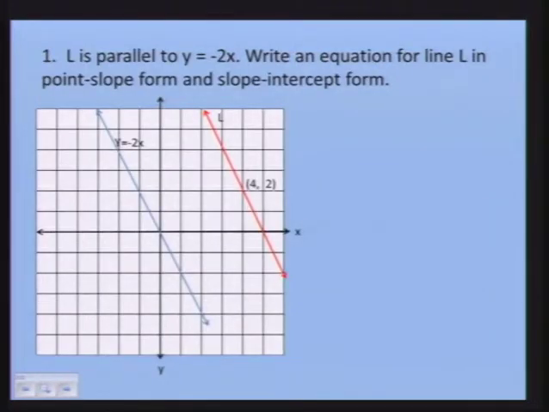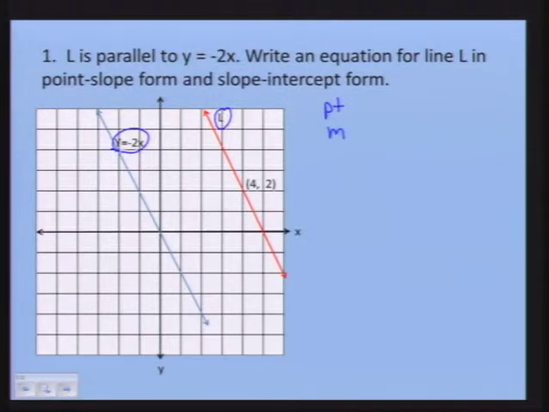Okay, let's look at a problem about this. We notice that line L right here is parallel to y equals negative 2x, our blue line. Write an equation for line L in point-slope form and slope-intercept form. Okay, to write an equation, we want a point and we want a slope.